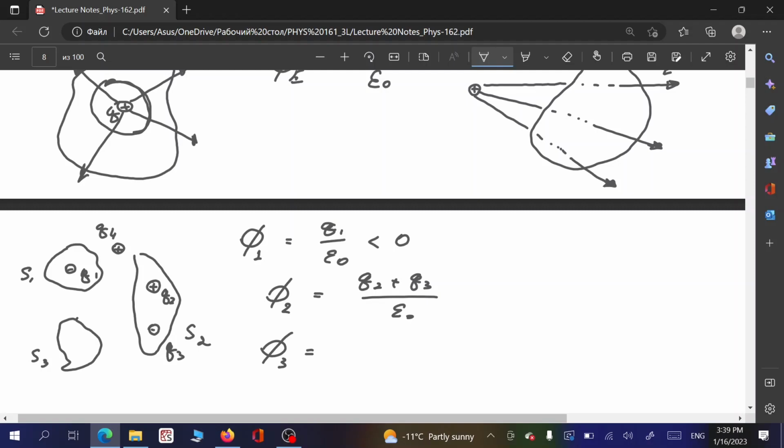And here it's important to highlight one thing. It's not because at any point of this closed surface the electric field vector is equal to 0, because that could also be an option.